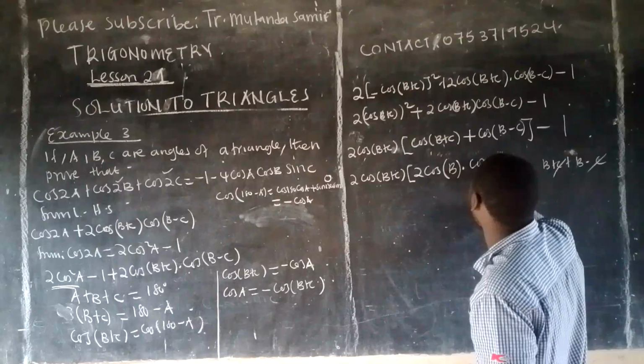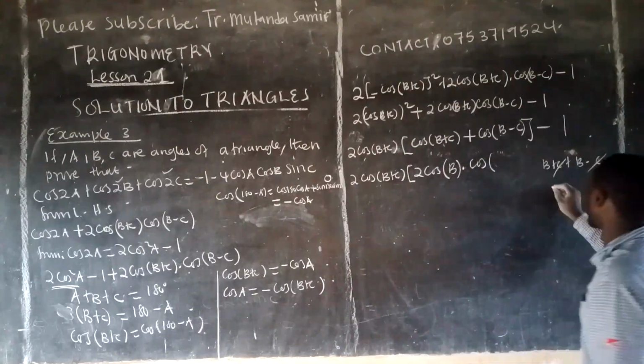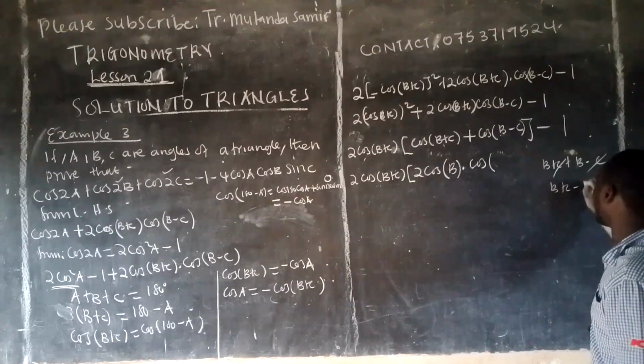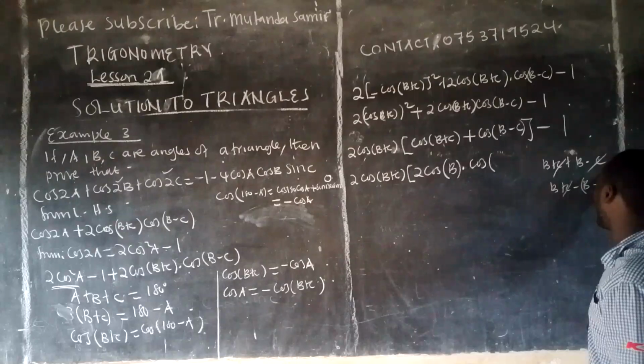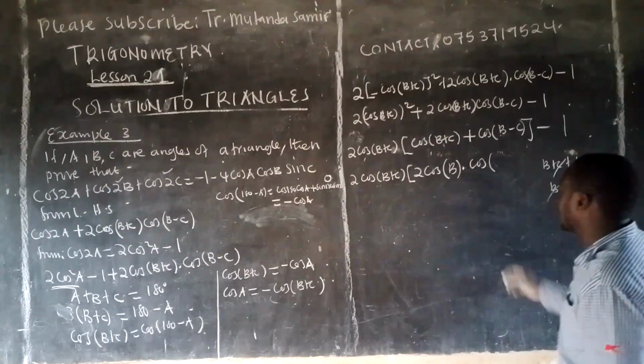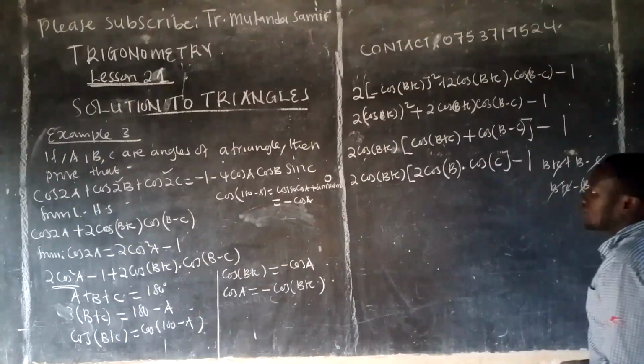Then since we are adding cos plus cos, here we subtract: b plus c minus b minus c. The c will die out, the b will die away and we shall remain with c there, minus 1 in simple terms.